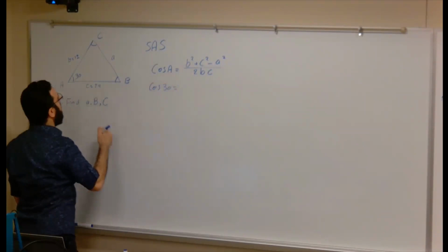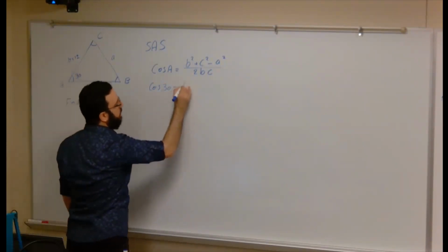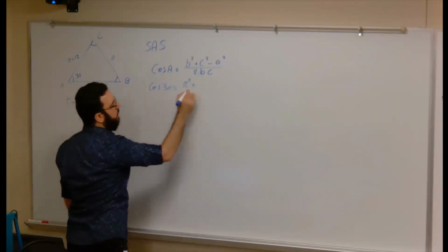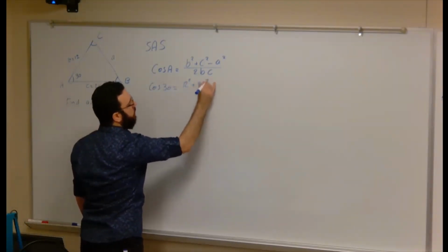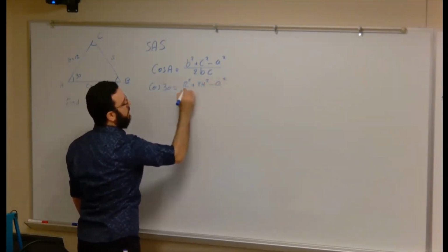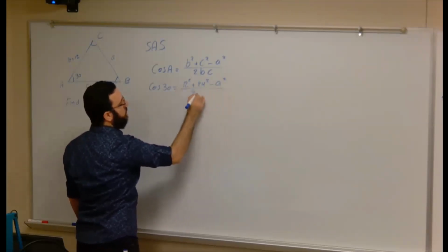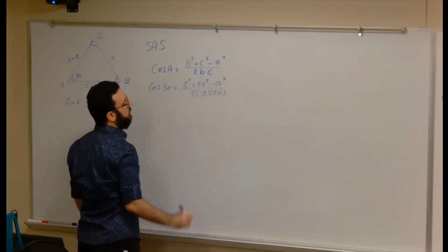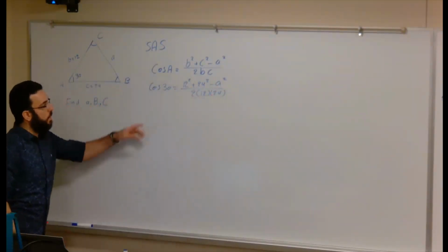B squared is 12 squared, plus C squared is 24 squared, minus A squared, divided by 2 times 12 times 24. Now, how much is cosine 30?